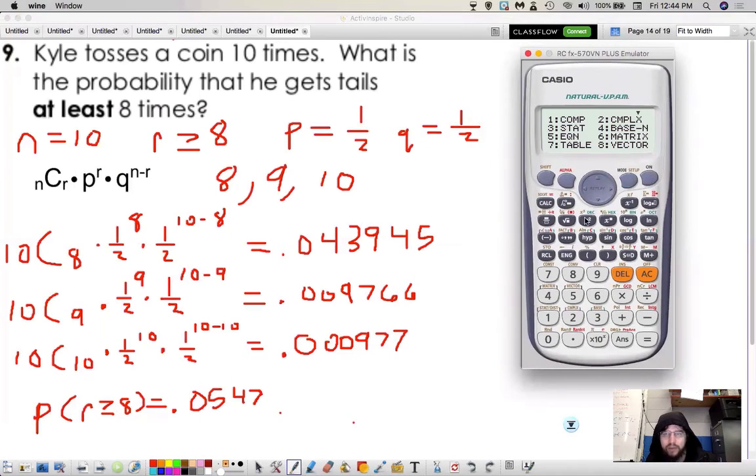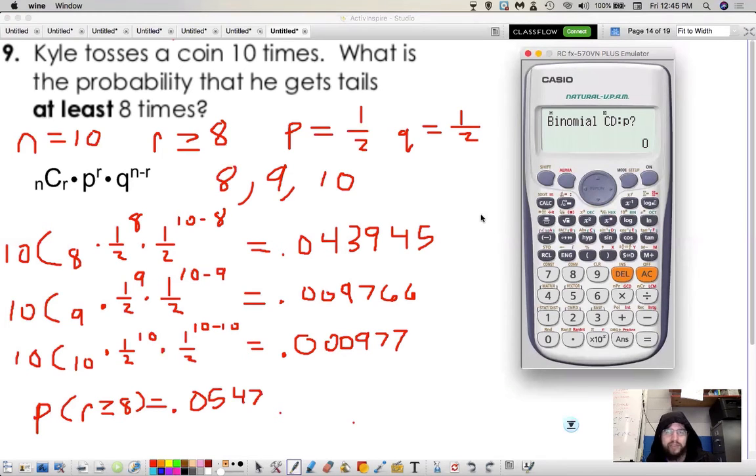So mode, go down to distributions. Number 4 is binomial PD, but we need a binomial CD, so we go down. And then number 1 on the next page is binomial CD. We have variables. X is our R. We said we have to do R minus 1, so 8 minus 1, which is 7. N is 10.